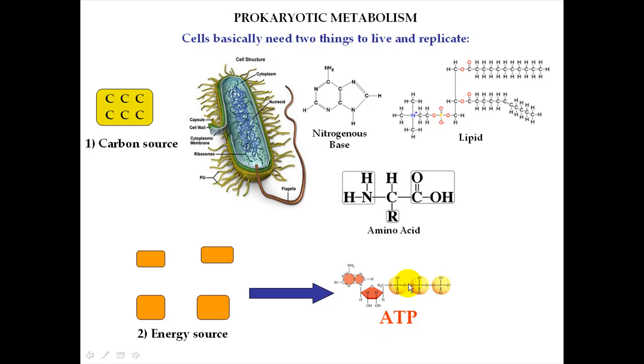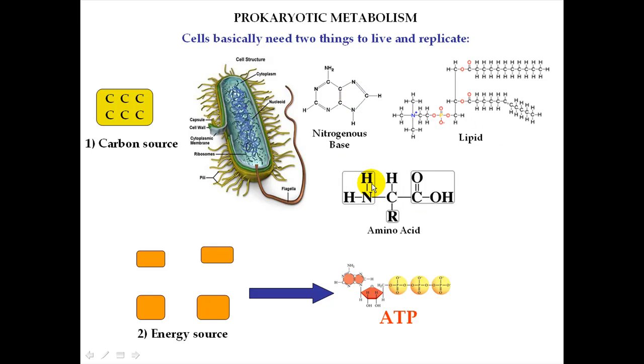Another way to think about all of this is that there are essentially two different types of metabolic reactions. As we saw here, there's a type of metabolic reaction that involves building things. All of these important parts of the cells need to be built first.